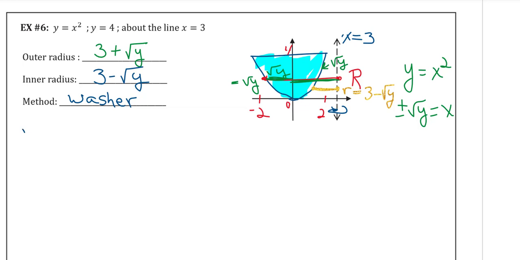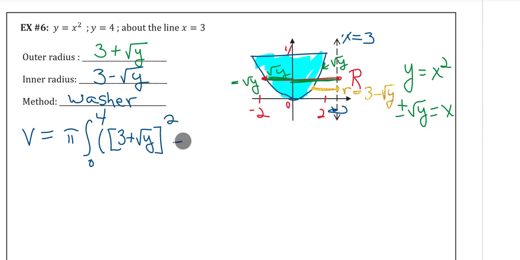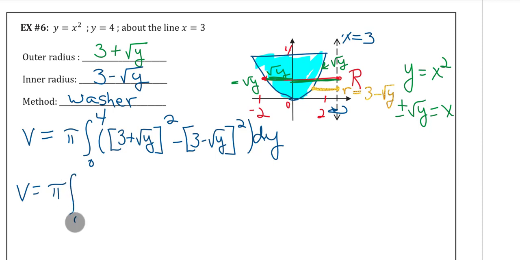So our volume is going to be pi times the integral from 0 to 4 of (3 plus the square root of y) squared minus (3 minus the square root of y) squared dy. And we'll have to actually multiply this out and integrate it, since this is not a calculator problem.